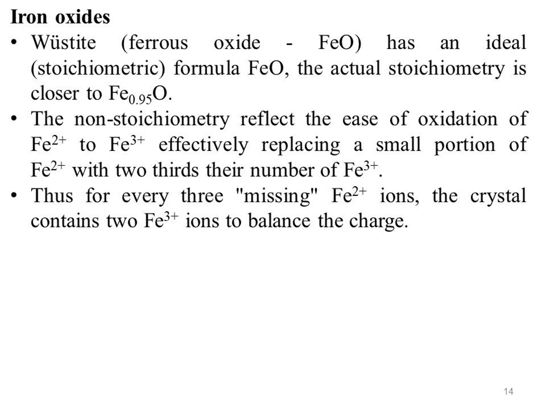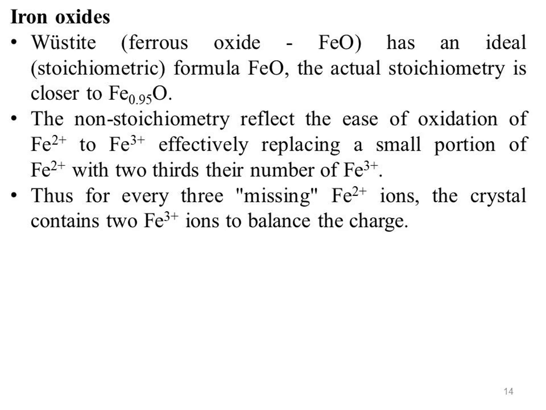For example, although wüstite, that is ferrous oxide FeO, has an ideal stoichiometric formula FeO, the actual stoichiometry is closer to Fe0.95O. The non-stoichiometry reflects the ease of oxidation of Fe2+ to Fe3+, effectively replacing a small portion of Fe2+ with two-thirds their number of Fe3+.